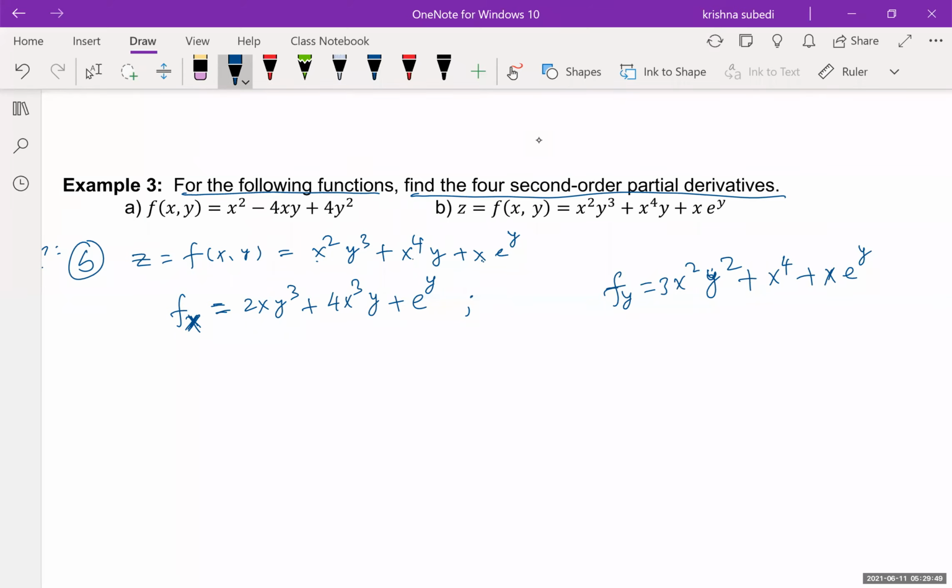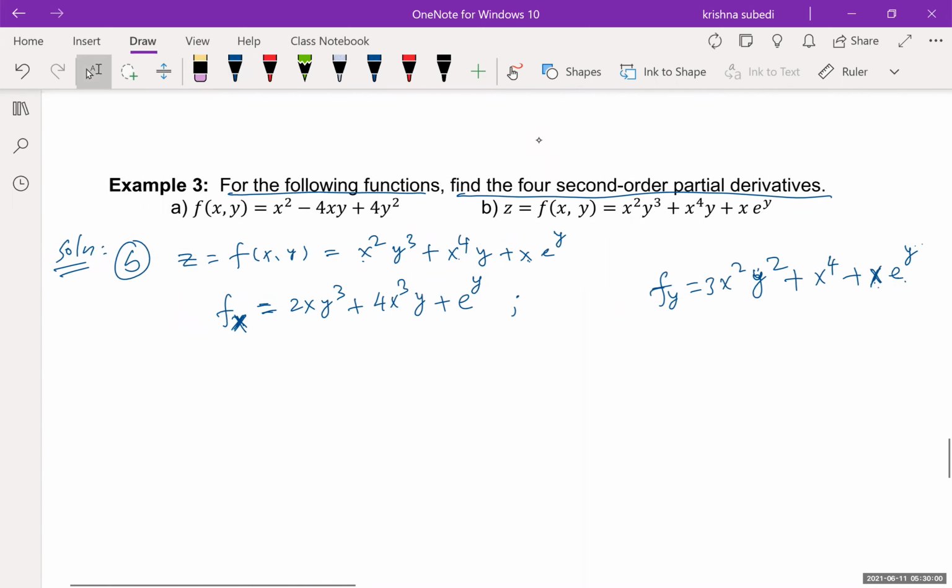Because x is constant, just copy it as it is, and the derivative of e to the power y is the same, e to the power y itself. So that's it, the first order derivatives. In delta notation, this is delta z over delta x, and this is delta z over delta y.